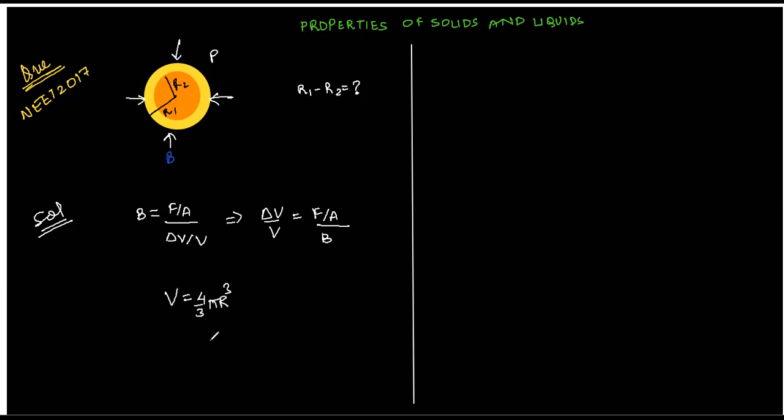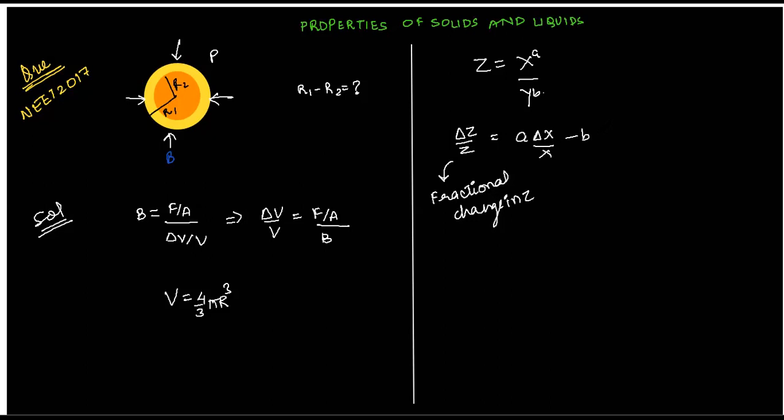Now try recalling a formula: when Z is equal to x power a by y power b, then the fractional change in Z, that is delta Z by Z, where delta Z is the change, is given by a times delta x by x minus b times delta y by y. We have read this, right?